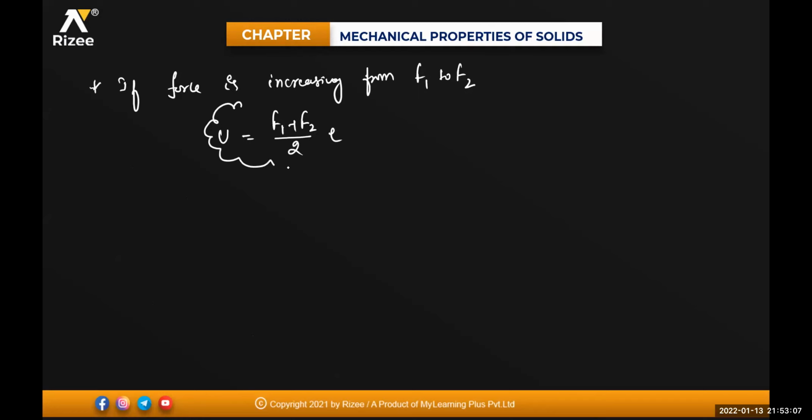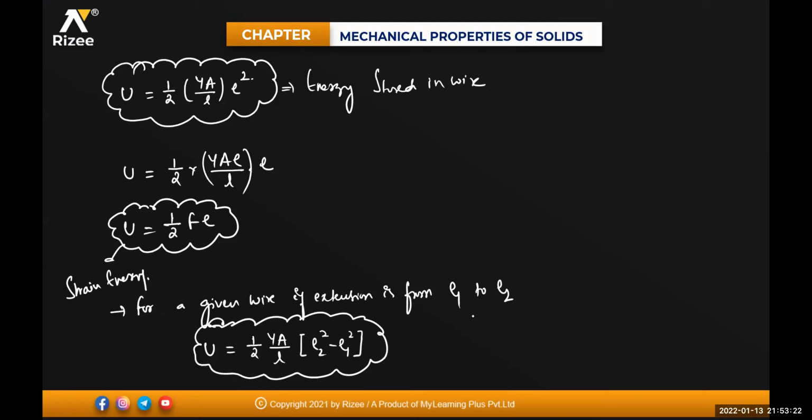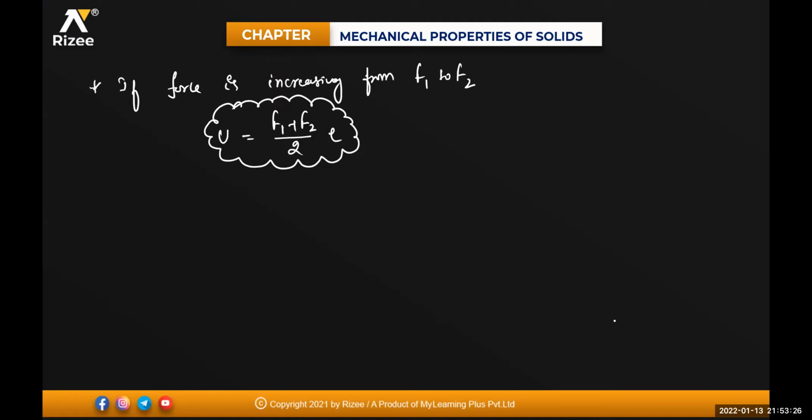Very important relation. If there is an increase in the force from F1 to F2, how do you calculate the energy? Like in kinematics, U is equal to the average of the force into the extension. That is half into total force, F1 plus F2, into the extension. Is it clear for everyone? Sure.